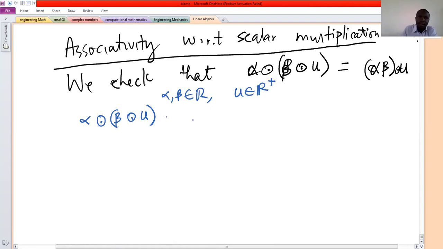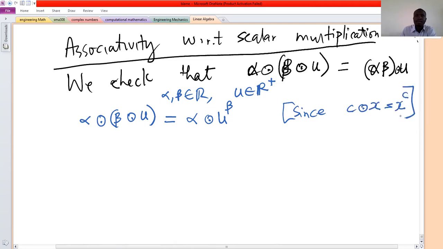So this will be given by alpha times beta u, by definition, is u raised to the power beta, since if I have an element C times x, then this is the same as x raised to the power C. That's the definition of scalar multiplication on this set.